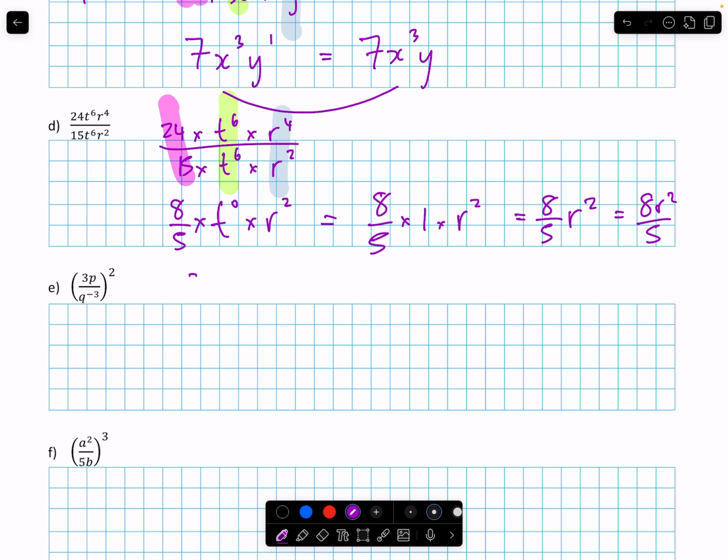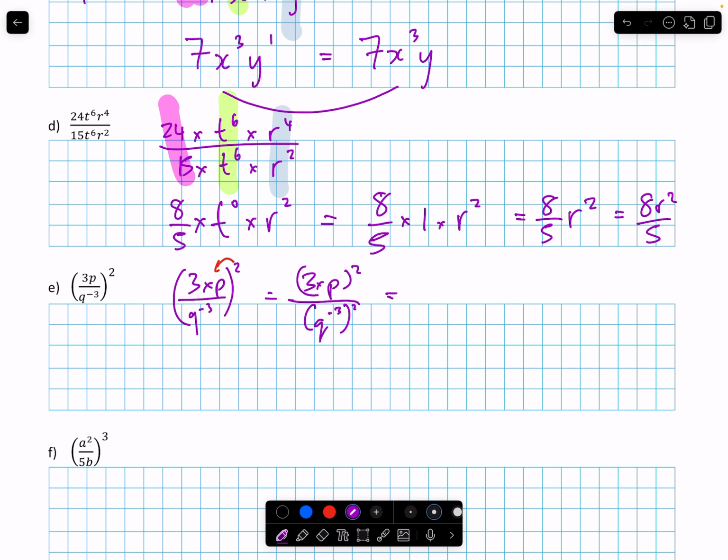This one, you have 3 times by p on the top, and q to the negative 3, all squared. What does this power on the outside do? It spreads like COVID. So it's going to be 3 times p, and that's going to be all squared. And then that squared is also going to spread like COVID to the q to the negative 3.